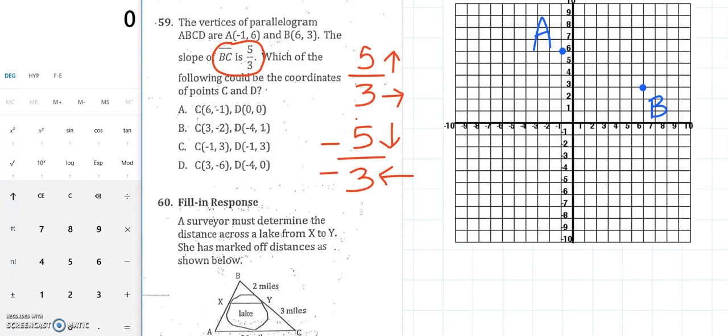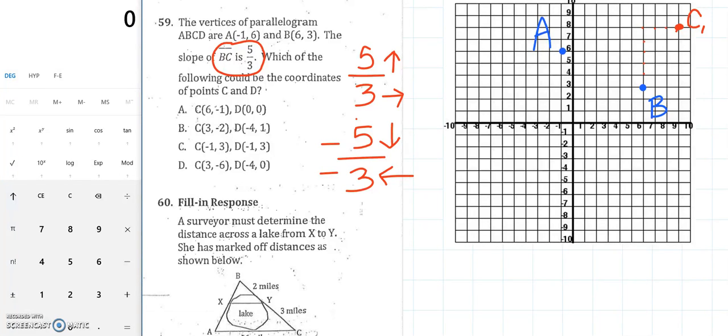All right, now let me go ahead and figure out where these points for C could be. So from B, I'm going to count up 1, 2, 3, 4, 5, and then to the right 3. 1, 2, 3. Okay, I'm going to put a point right here. And this is going to be point C, possibly. So I'm going to call it C1, because there's another place C could be.